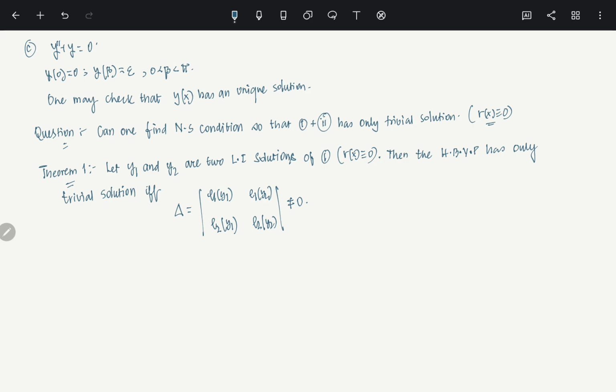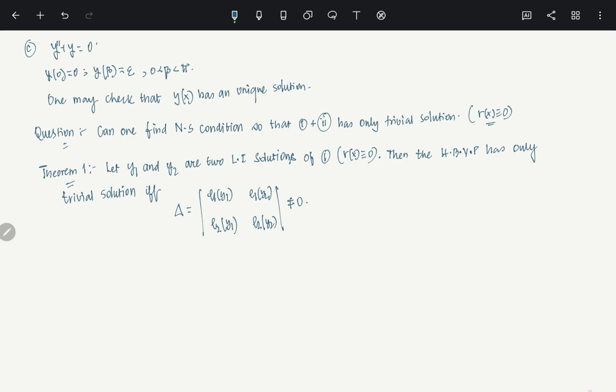So essentially, let's say y double prime plus y equals 0 is your equation. So you know what y1 and y2 are: y1 is sine, y2 is cosine. You can consider that. Now with those two linearly independent solutions, you have the data also, so L1 and L2 you already know how they look, with those constants.